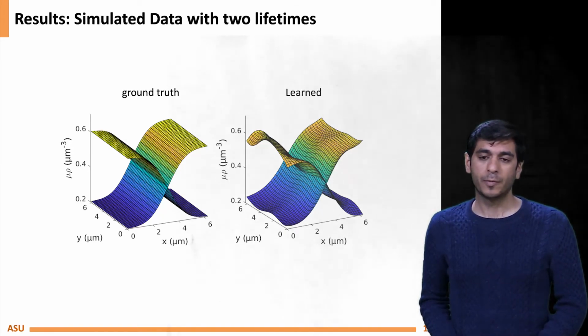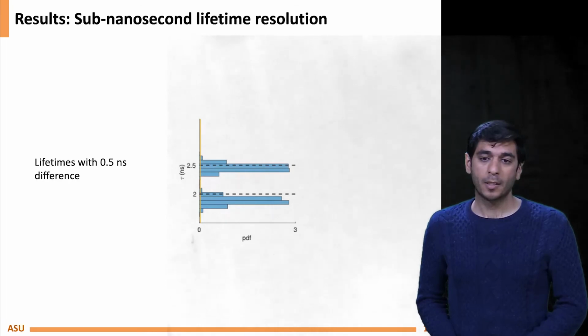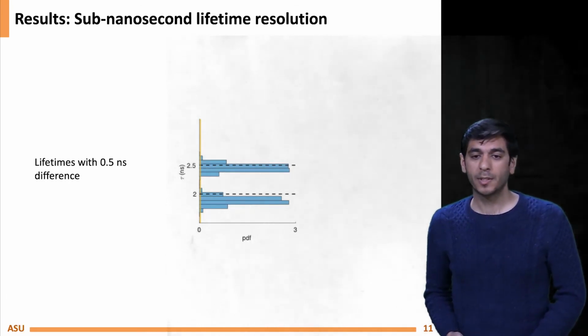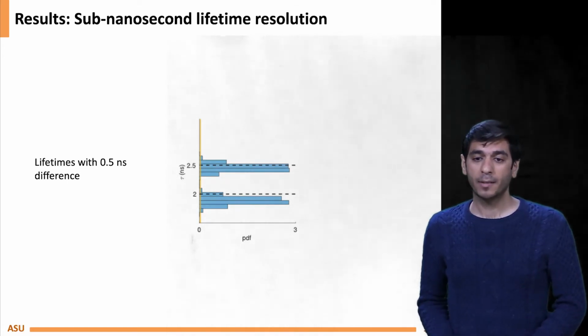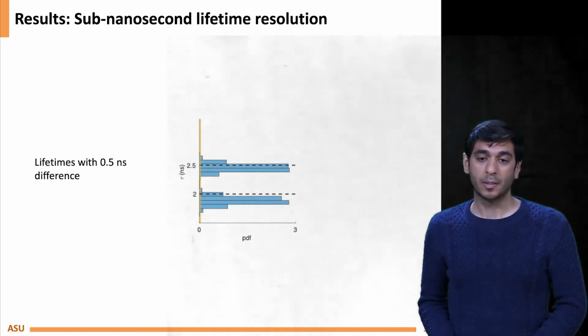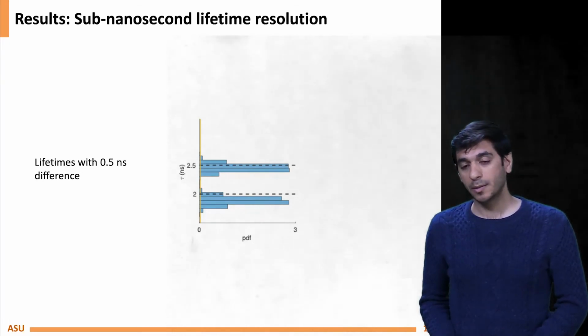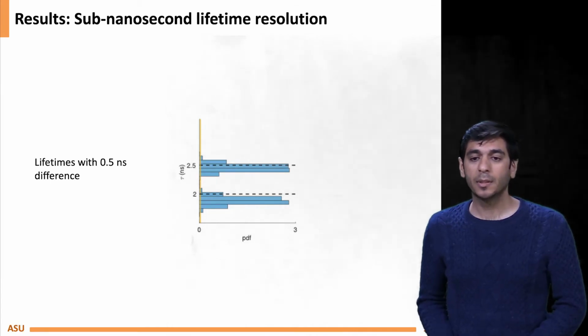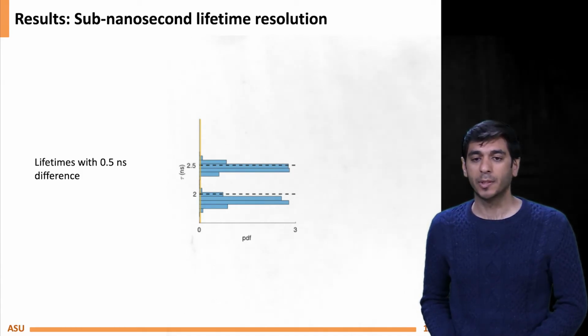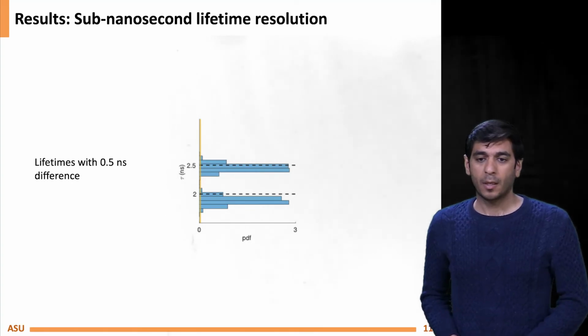We simulated data using this ground truth with different lifetimes. In this slide, you see lifetimes that are only separated by 0.5 nanosecond, and our algorithm can still learn these lifetimes and distinguish them. Here the dashed line shows the ground truth, and the histogram shows the sample lifetime from the posterior by our algorithm.